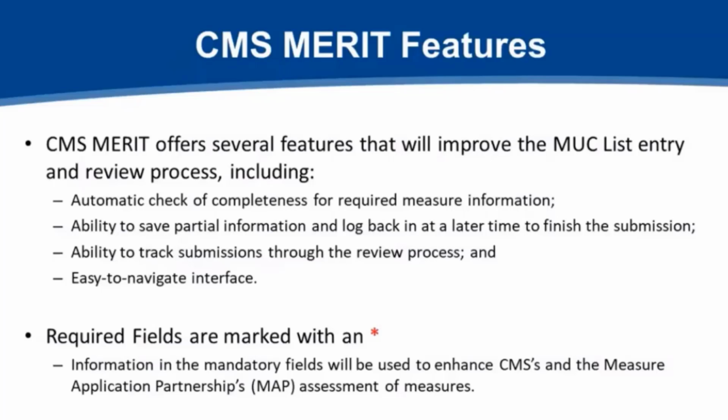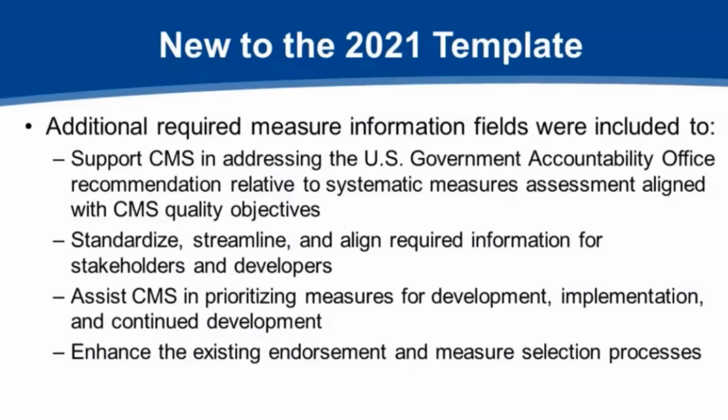These fields will be used to enhance CMS's and the Measure Application Partnership's assessment of measures. You may notice that there are more required measure information fields in CMS Merit than you've seen in previous years. These fields have been included to support CMS in addressing the U.S. Government Accountability Office recommendation regarding systematic measures assessment that aligns with CMS quality objectives.